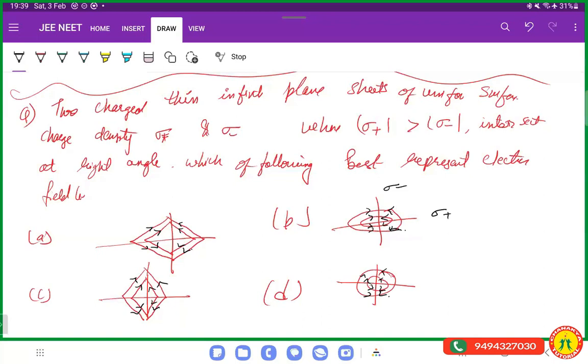So tell me, what could be the answer? So I'm confused between B and C. Which two do you have in mind? Tell me. Let's make it a 50-50 option. B and C, sir. Why B and why not C?